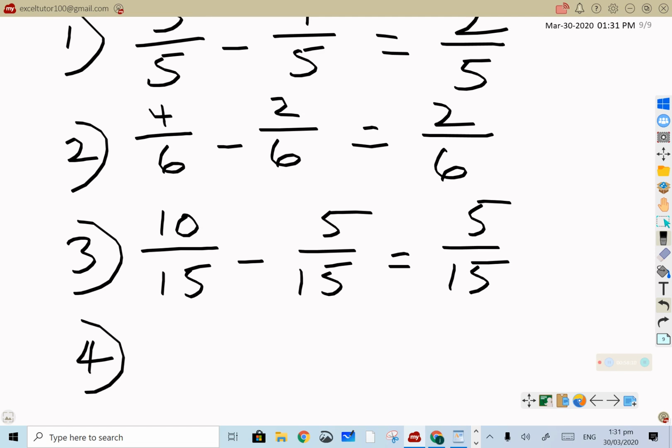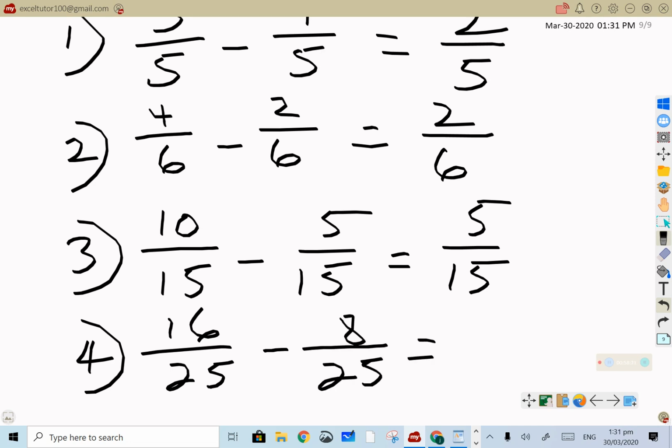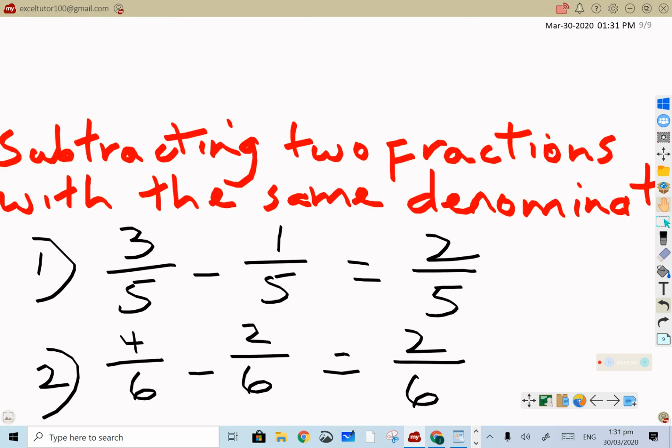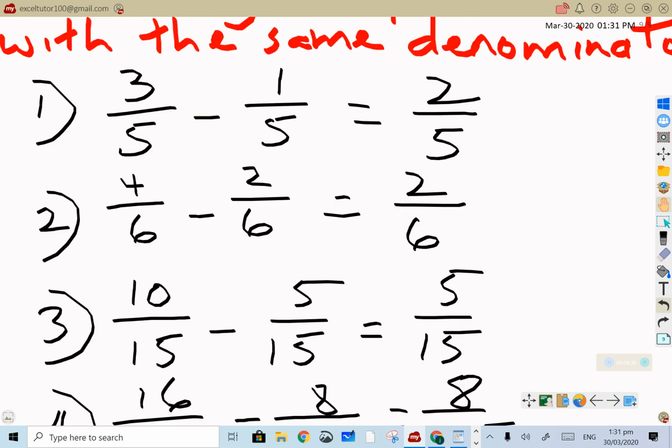If we have 16 over 25 minus 8 over 25, our answer will be 8 over 25. So in doing your work, you have to be confident in your answers as it moves on from the smaller numbers to the bigger numbers.